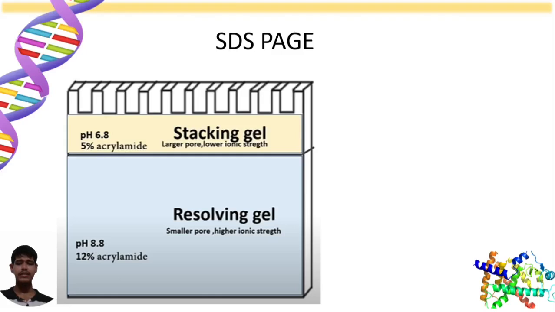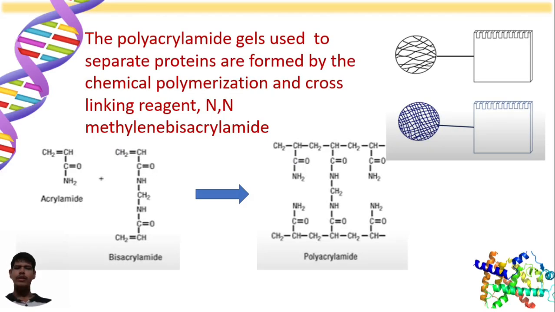The pH of the stacking gel is about neutral, that is 6.8, while the resolving gel pH is 8.8. Also, the pore size of the stacking gel is larger, while the resolving gel is lower. The polyacrylamide gel is made up of acrylamide and bisacrylamide. The pore size can be changed with an increase or decrease in the concentration of polyacrylamide.